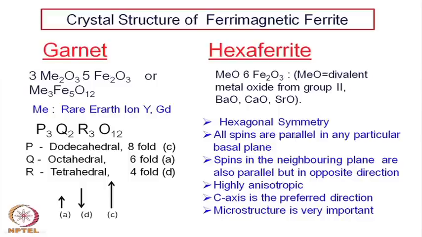All of them have hexagonal symmetry, unlike spinel and garnet which have cubic symmetry. Here all spins are parallel in any particular basal plane. When you are talking about a hexagonal structure, it is basically a kind of layered structure, AB packing, and you have basal planes which are actually perpendicular to the C axis.